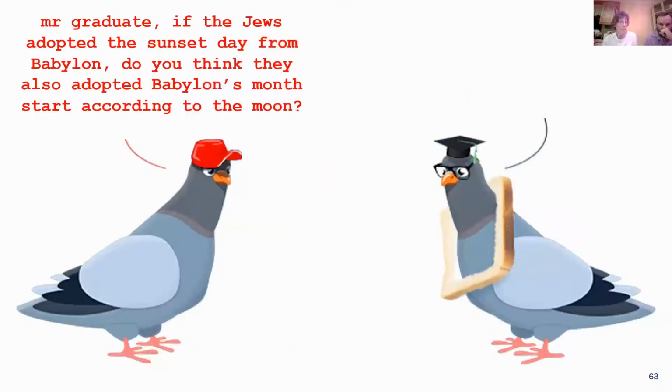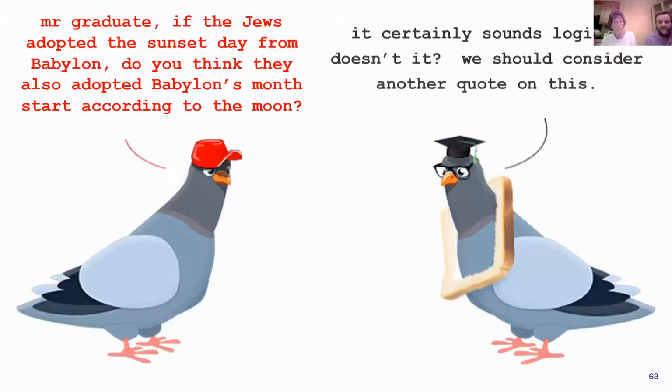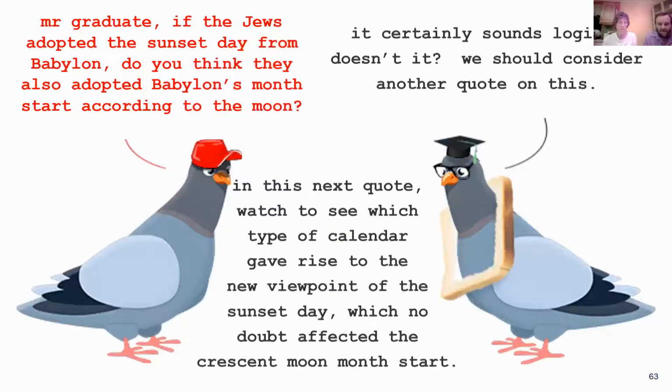So, Mr. Graduate, if the Jews adopted the sunset day from Babylon, do you think that they also adopted Babylon's month start according to the moon? It certainly sounds logical, doesn't it? We should consider another quote on this. In this next quote, watch to see which type of calendar gave rise to the new viewpoint of the sunset day, which no doubt affected the crescent moon month start.